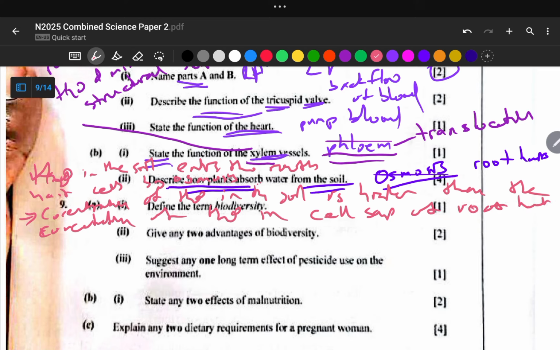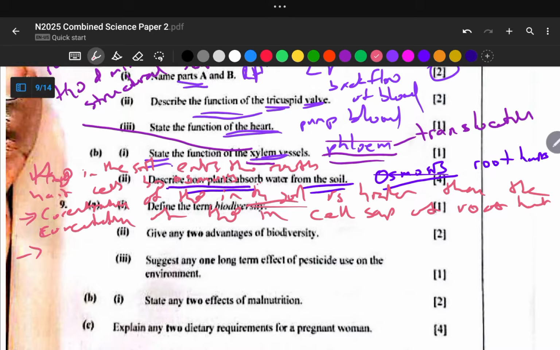So water moves from the region of high potential to the region of low potential. So water is going to move from the soil into the root vessel, right? So we are going to say that this creates a concentration gradient whereby water moves from the region of high potential to the region of low potential.